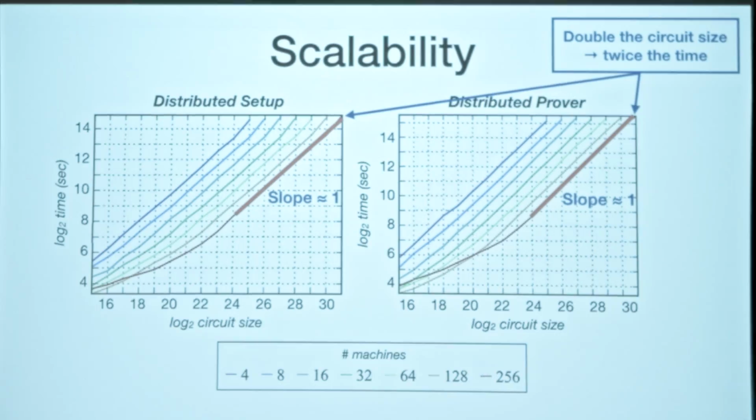Note that this is a log-log scale graph, and so if we follow the trend on one of these lines, namely the one for 256 machines, we find that the slope is approximately equal to 1. So this is approximately linear. The pattern that we see is that as we double the circuit size, it takes roughly twice the time to compute. And that's a very nice property to have.